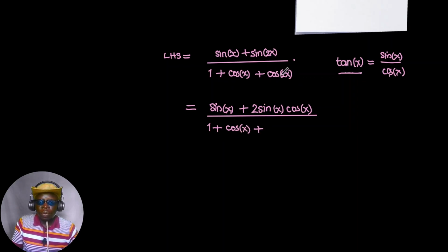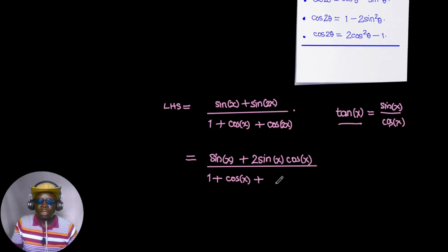Now, before we rewrite this, we have to take precaution here. Remember, our main aim is to have cos at the denominator at the end of the day, and we have sine at the numerator. Now, which of these expressions will give us cos in the denominator? We have two that have cos, the first one and the second one here.